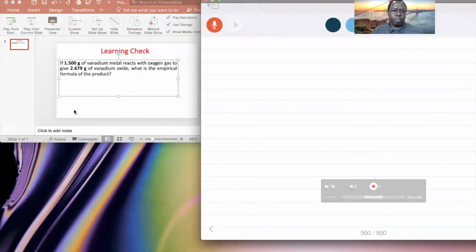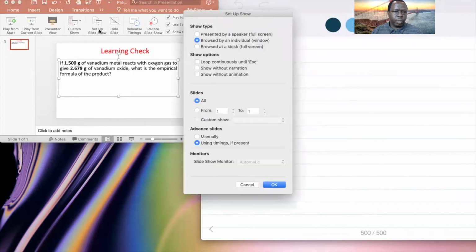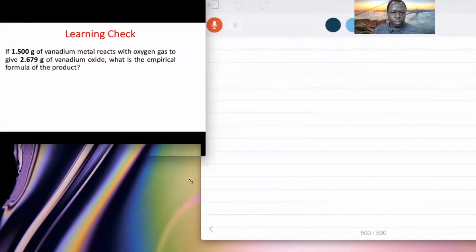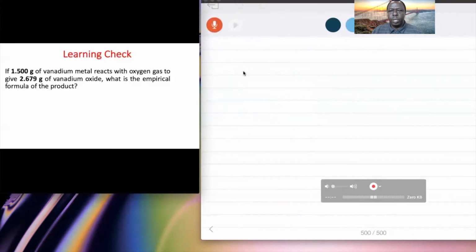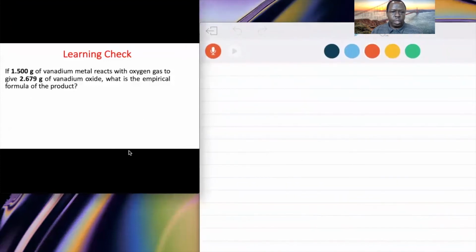Allow me to split my screen here a little bit, and we'll have the question next to my whiteboard. So how are we going to find the empirical formula?